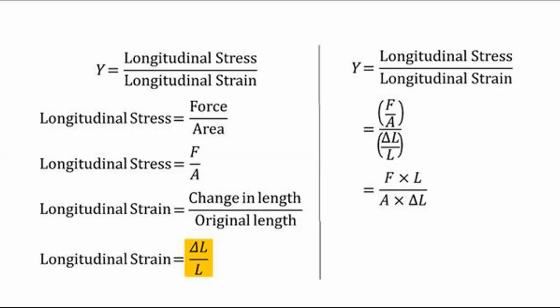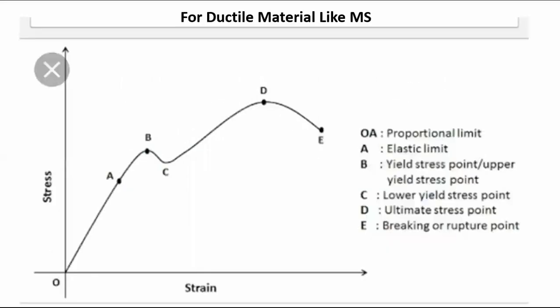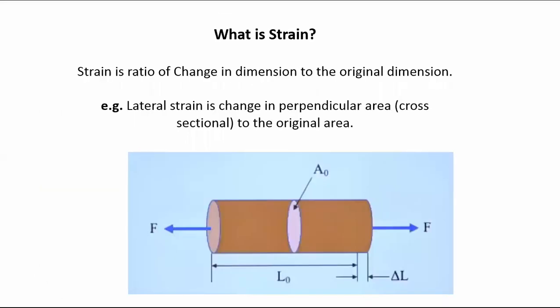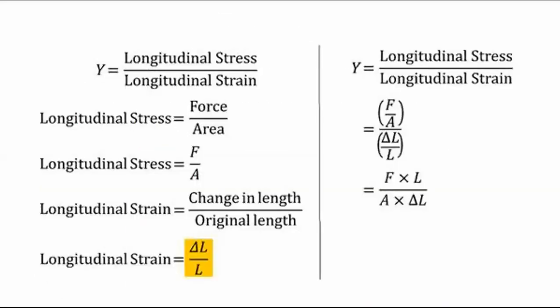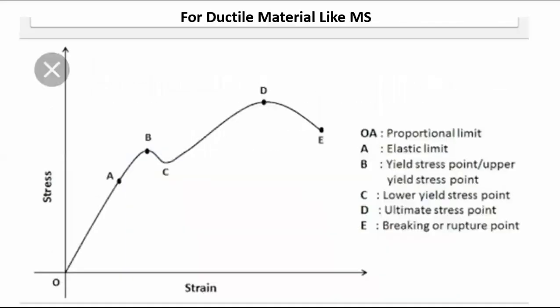Any modulus, how do we calculate it? Actually, we get it from the stress strain curve. We are going to discuss this in a slide after one slide, just look at how we will use these formulas, or I will explain here.